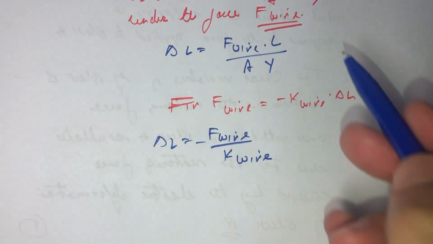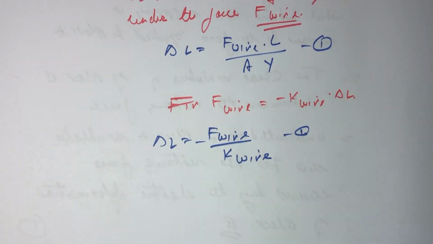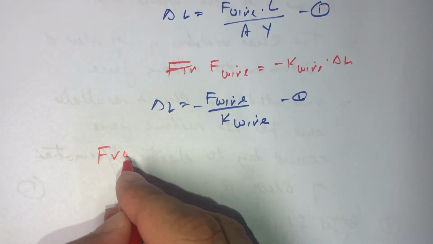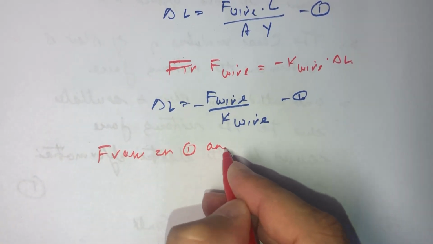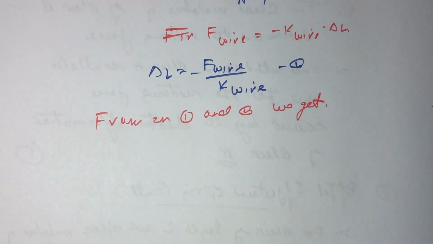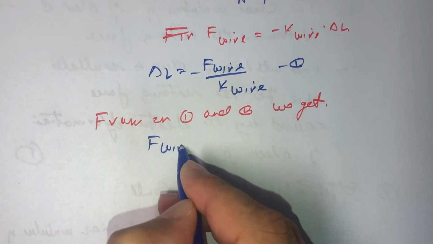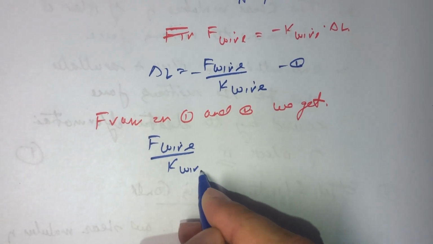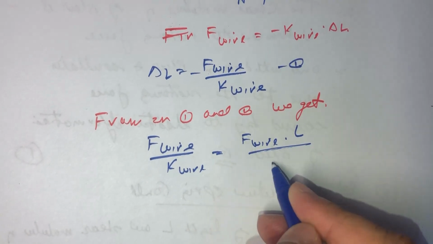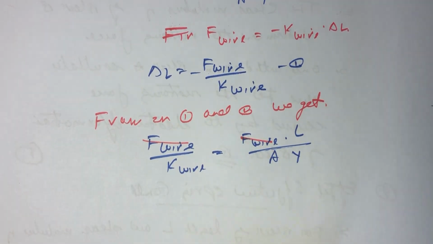Let us call these equation 1 and equation 2. So from equation 1 and 2 we get F wire upon K wire is equal to F wire multiplied by L divided by area multiplied by Y, and these terms cancel out.